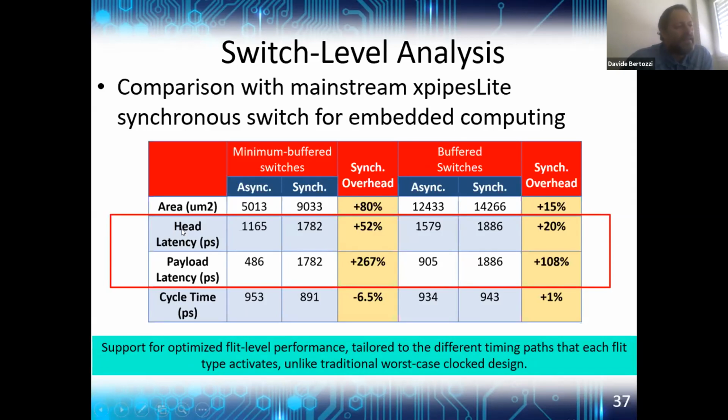When you look at the head latency, the asynchronous switch is slightly faster than the synchronous one because of asynchronous logic. But when you look at payload latency, so the latency not of the head flit, the first flit of the packet, but of the subsequent payload flits, you can see that the payload flits are much faster than the synchronous counterpart.